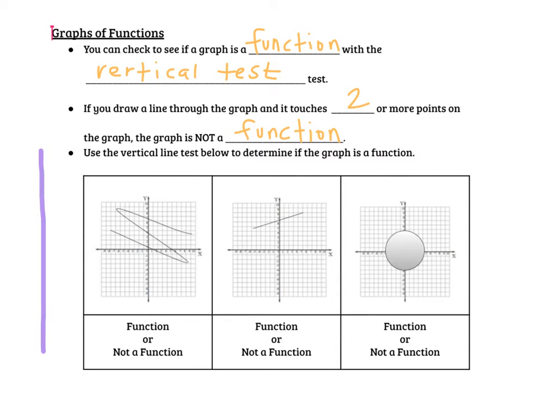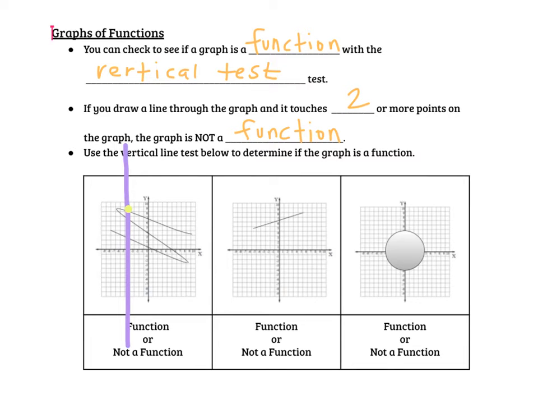Okay, so I made this purple line. This is my vertical line to do the test. Now what we're going to do is move the line across the graph. And what we have to do is see if the graph touches 2 or more points. Right here, the line only would touch once, but when I move here, it's touching in multiple spots.